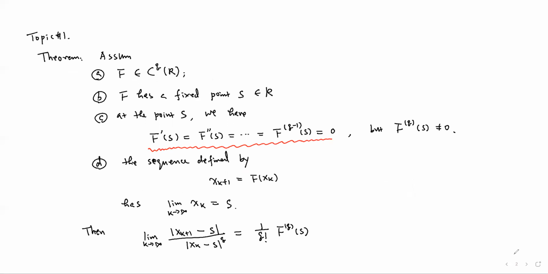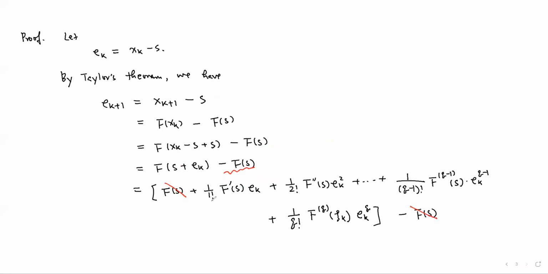So this term is 0, this term is 0, and so on, this term also 0. Therefore, we have this equation. Ek plus 1 is equal to 1 over q factorial f derivative q evaluated at psi k times ek to the q.